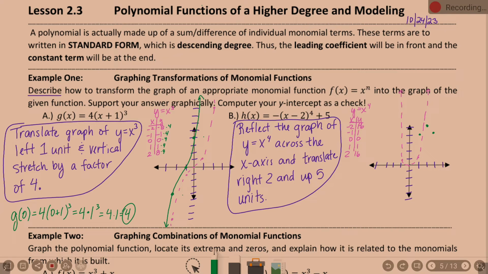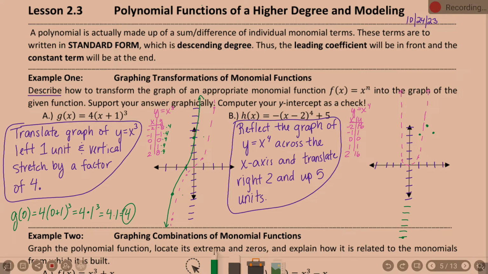Officially, the next set of points should go where? Over 2, down 16. And so that means, gosh, I can get 10 down, so I guess if I add 6 more marks, I could go 16 down, if I wanted to. But the idea is it's going to be way down there, isn't it?